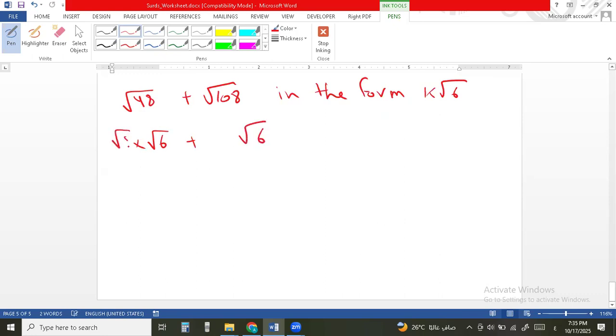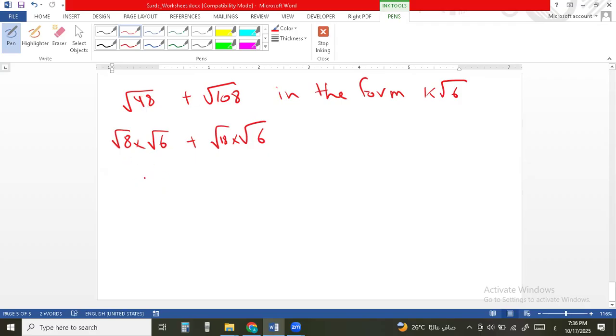So you're going to find out that this is root of 8 times root of 6, which gives you root of 48. And this gives you root of 18 times root of 6, because 108 divided by 6 is exactly 18. Let's simplify this more.